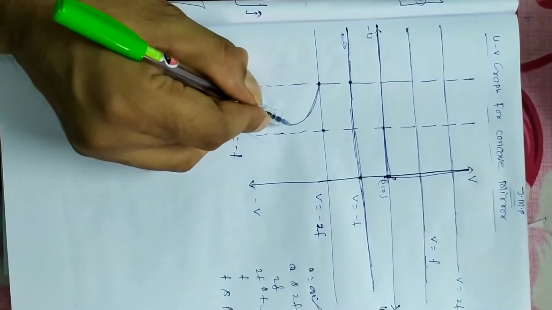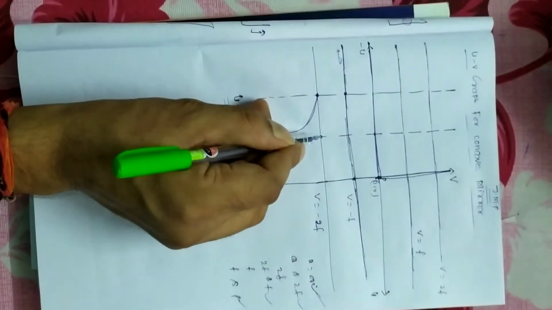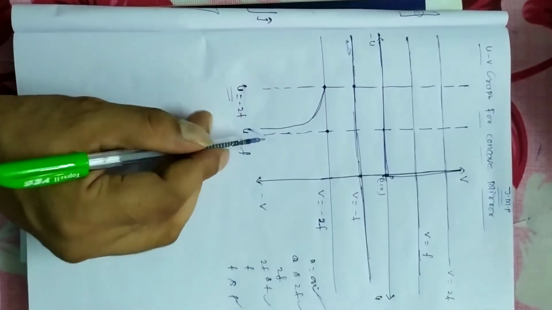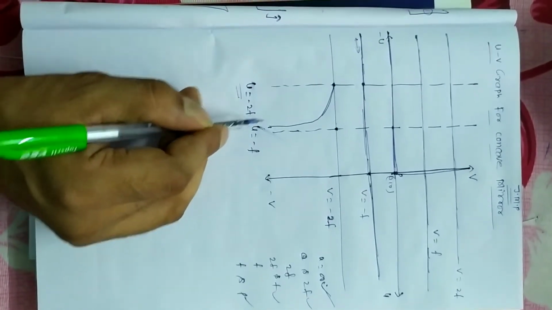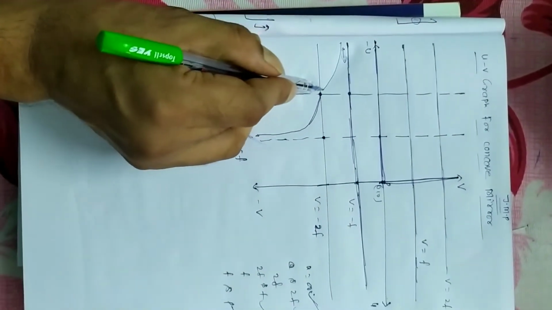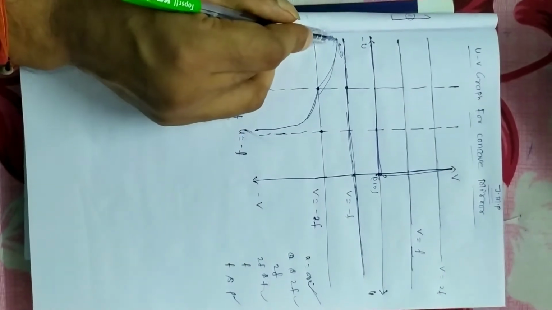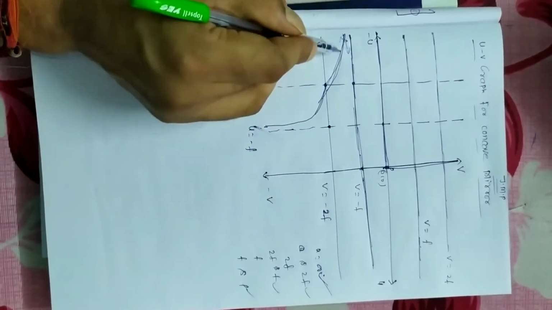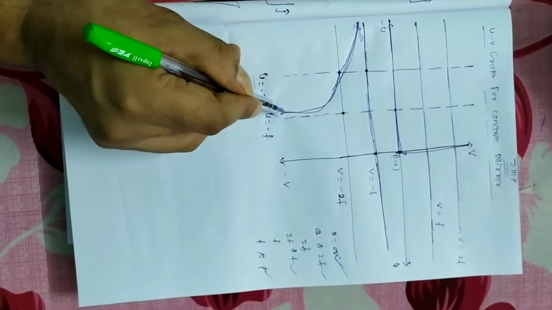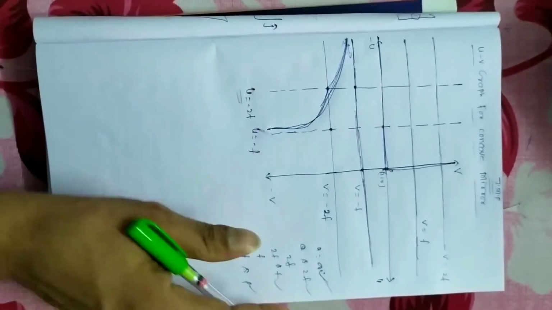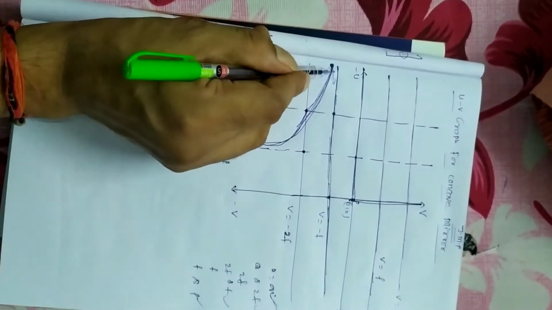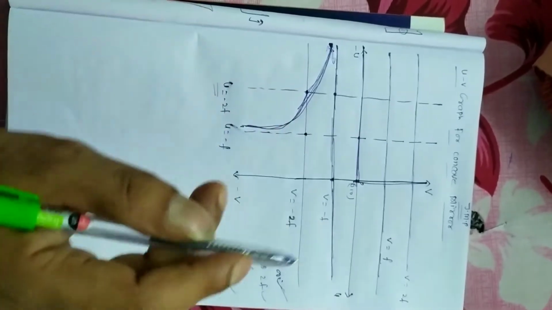Why? Because when the object is at focus, the image goes to infinity, right? Basically, one curve will be here like this. The object is at infinity, so its image will be at focus.